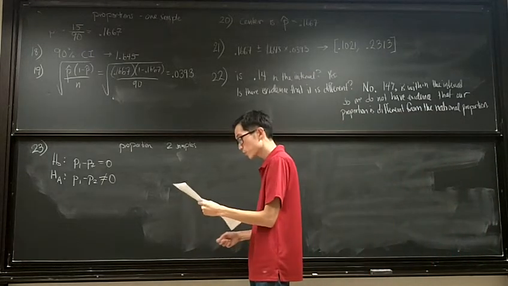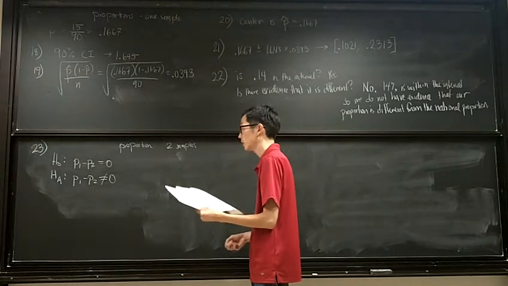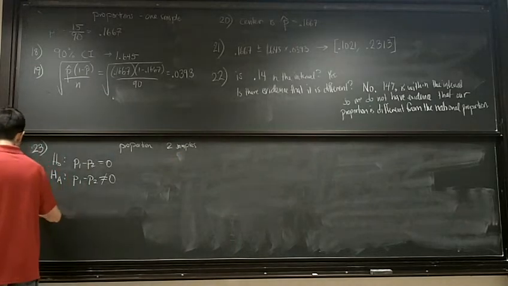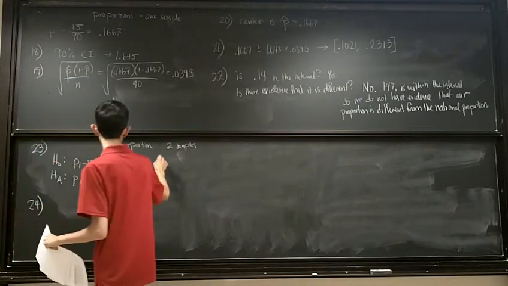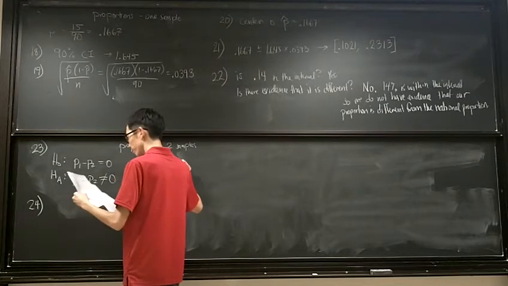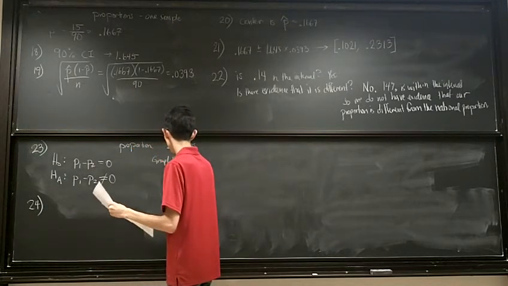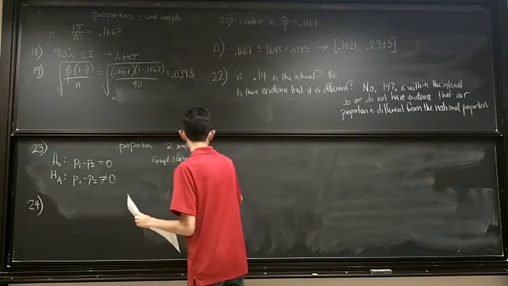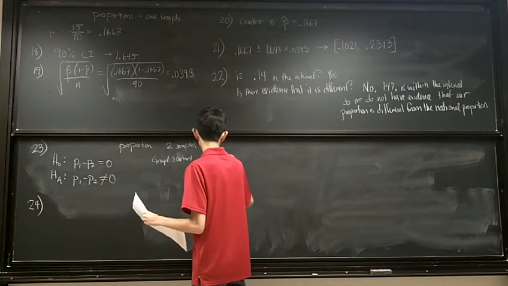And then it says, what is the value of p hat? That's question 24. Well, let's just list off the data that we have. I've got group 1, which is Starburst, and group 2, which is Jolly Ranchers.